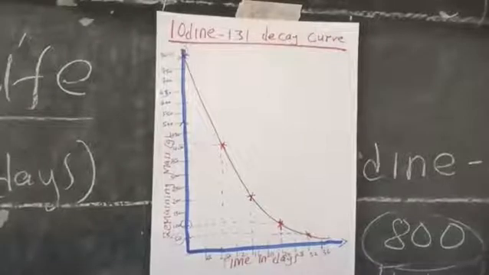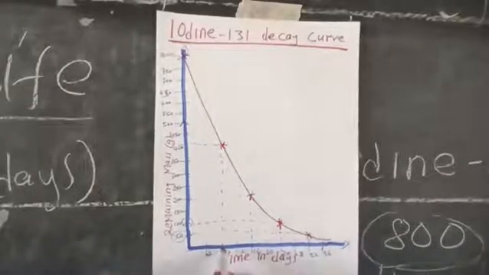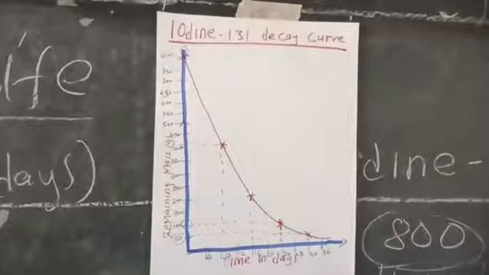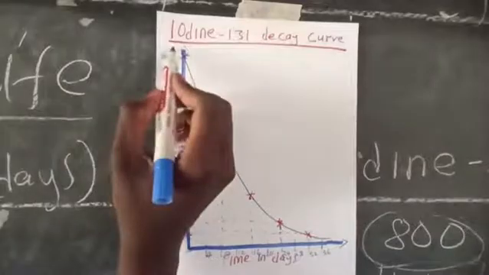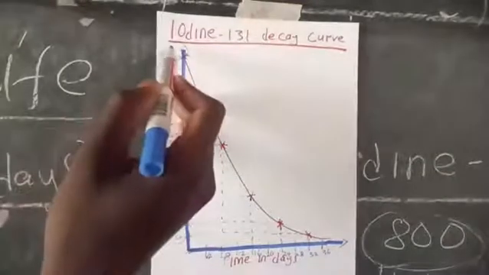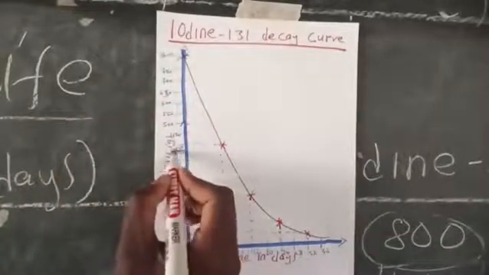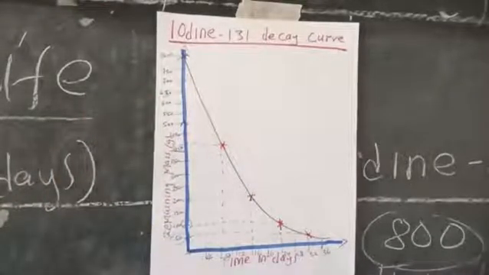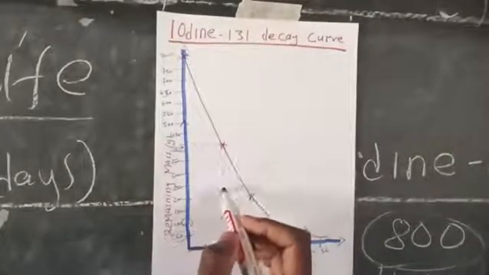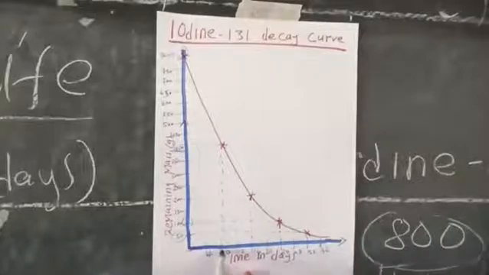It should be now very clear from the graph that in every 8 days, the amount of iodine 131 reduces by half of the original value. For example, our original amount is 800 grams. Therefore, half of 800 grams is 400 grams. And if you look from 800 to 400 grams, the time is 8 days.